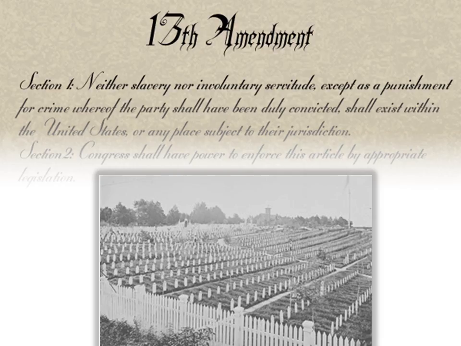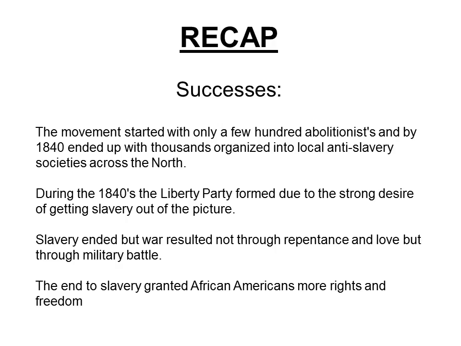Now, slavery may have ended, but war resulted not through repentance and love, but through military battle. The anti-slavery movement eventually granted African Americans more rights and freedom, such as the 13th Amendment. And here we have a quick recap for your notes. Please pause the clip now.